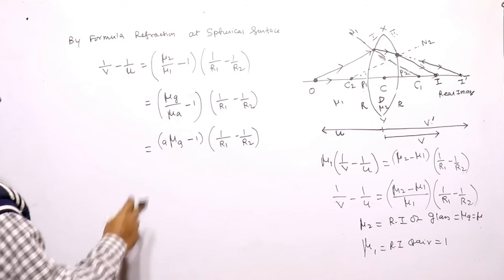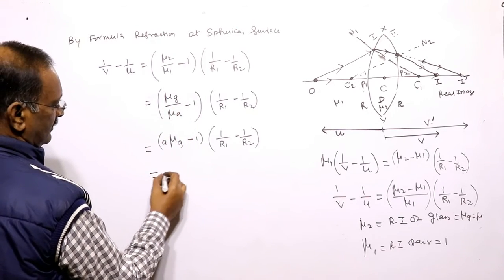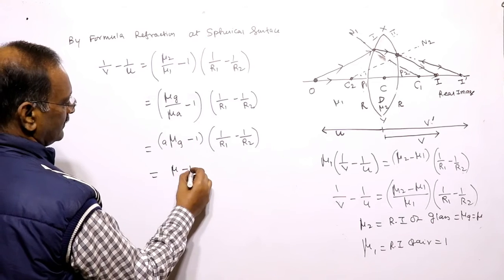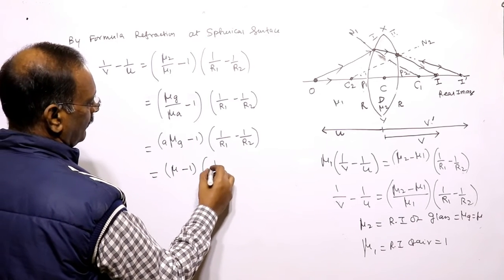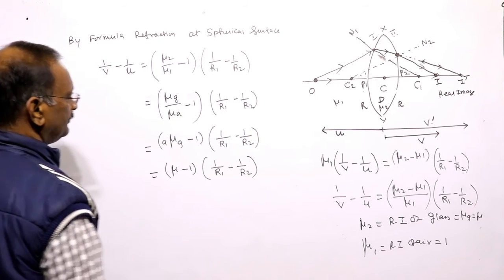So the refractive index of glass with respect to air is mu, and this is 1. So simply we can write mu minus 1 into 1 by R1 minus 1 by R2.